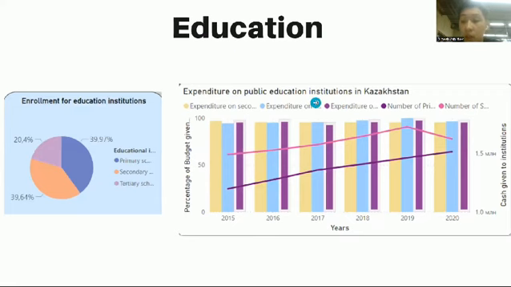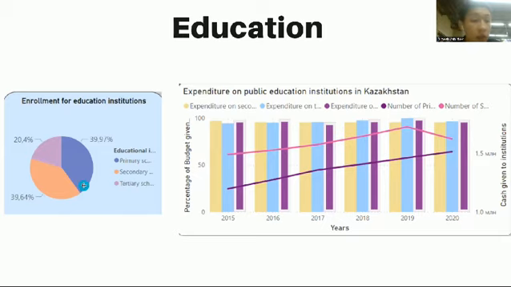So the next part is about education. Here we had a lot of data about enrollment and the expenditure, like budget. So in these line and bar charts, I illustrated the expenditure on secondary school, tertiary school, and primary schools, and it can be shown that it improved and restored over the years.